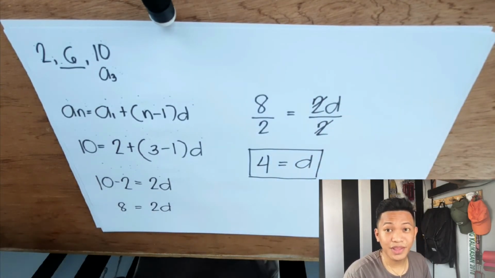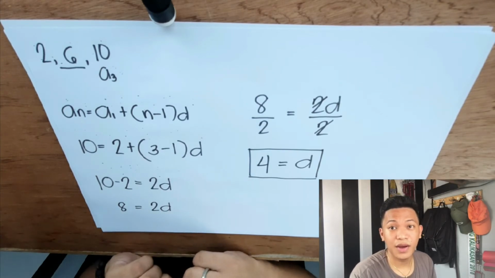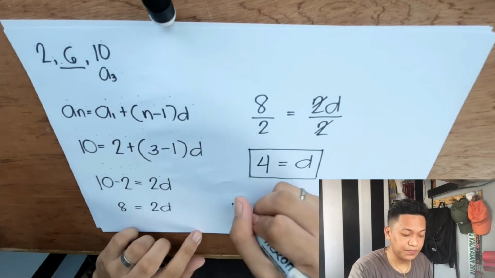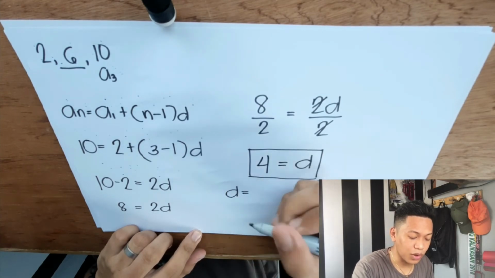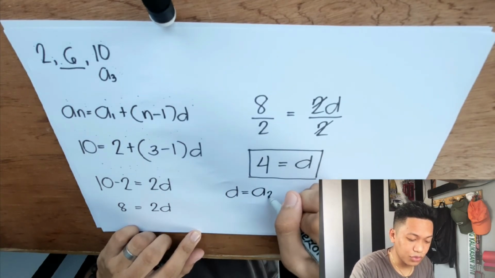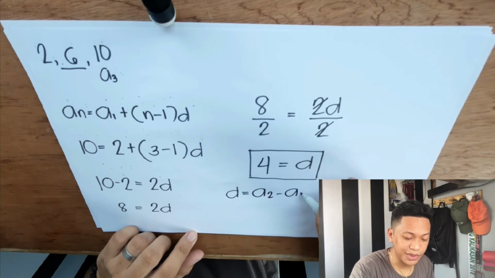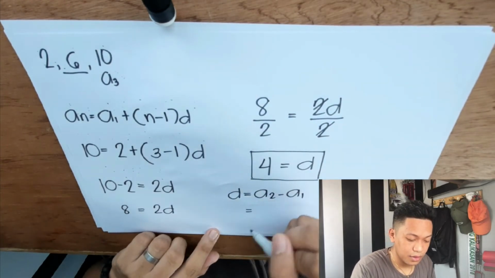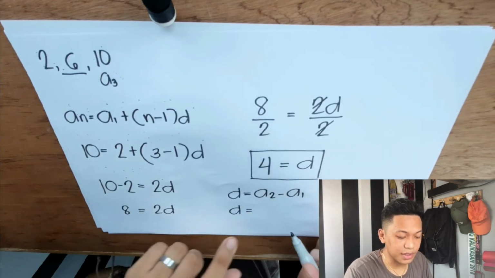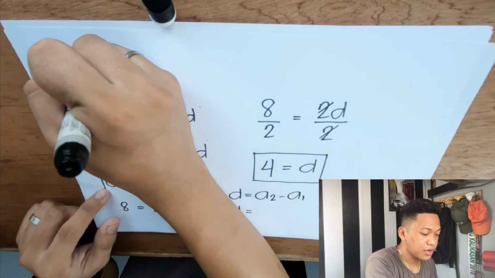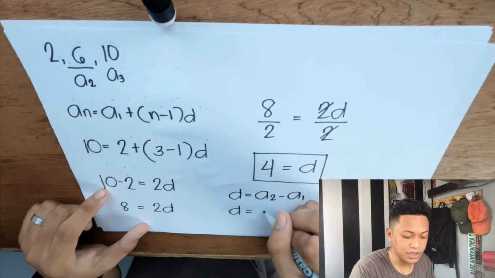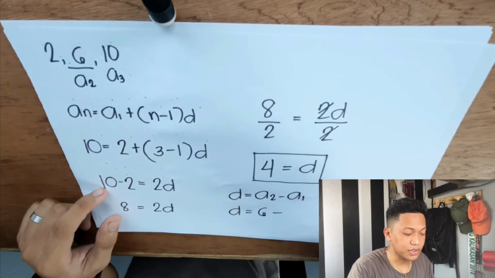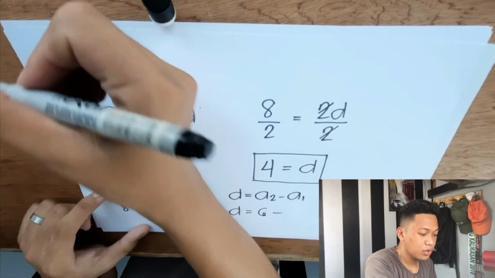Let's check kung tama yung kanilang common difference by using the formula of the common difference, which is d equals A2 minus A1. So, let's substitute. d equals yung ating second term, yung A2 natin, which is number 6, minus yung first term natin na 2.